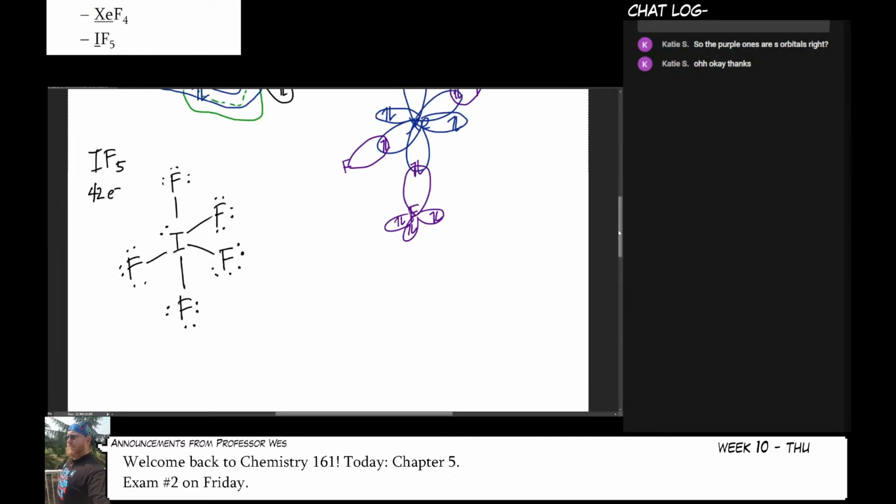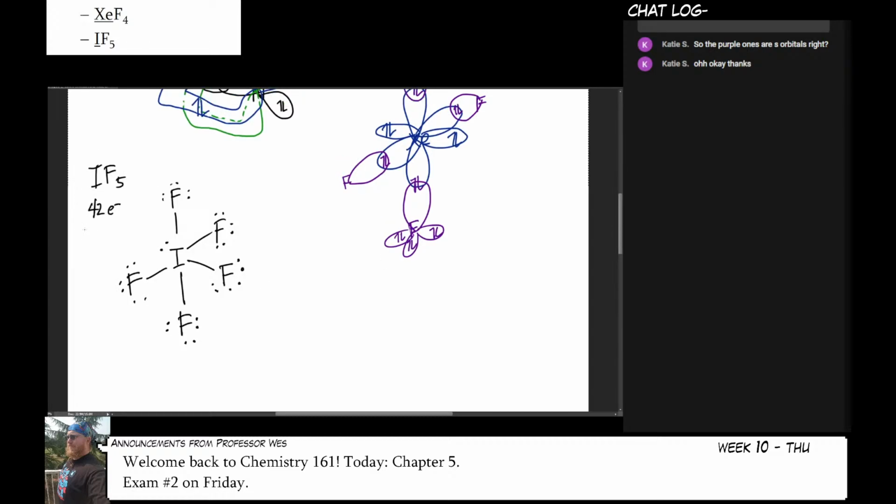First, my hybridization would be sp3d2. There's 6 domains, so that's going to be octahedral. And its shape will be square pyramidal.